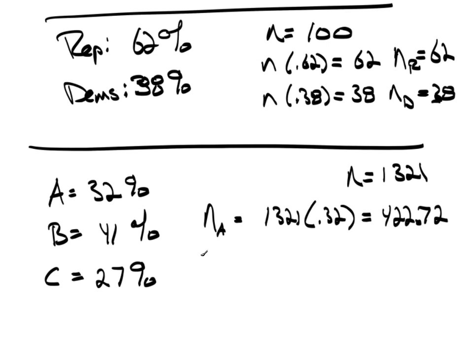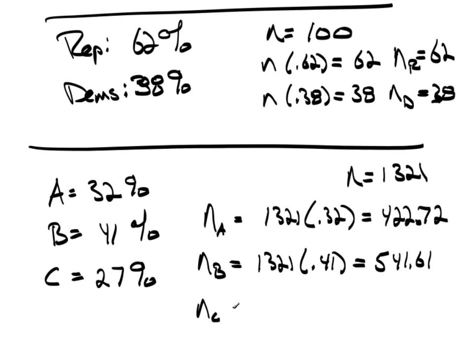And then N sub B will be 1,321 times 0.41, which is 541.61. Again, I'm going to leave that decimal for right now. And then group C is going to be 1,321 times 0.27, which is 356.67.